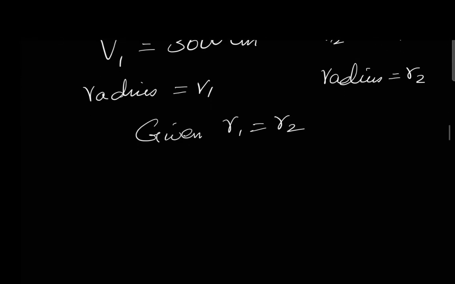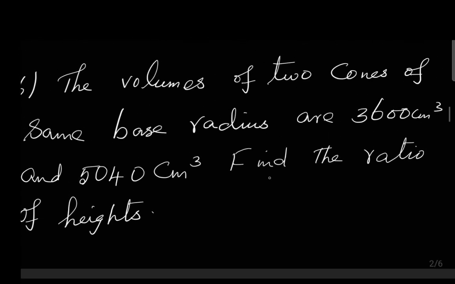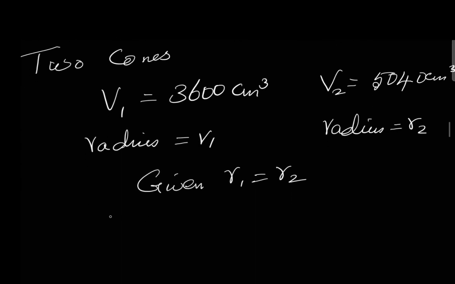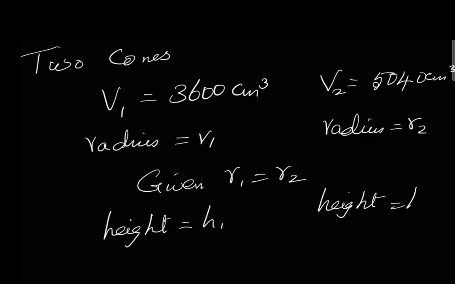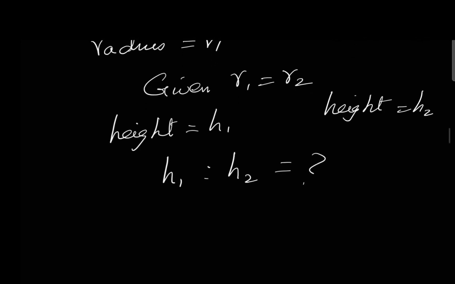What you are supposed to find is the ratio of heights. Let me take the height of the first cone as H1 and the height of the second cone as H2. You have to find the ratio H1 is to H2.